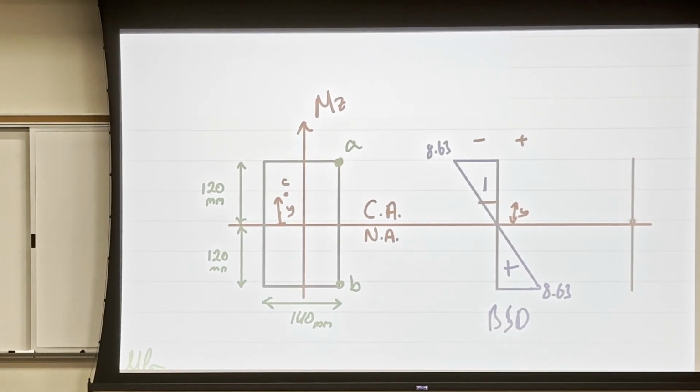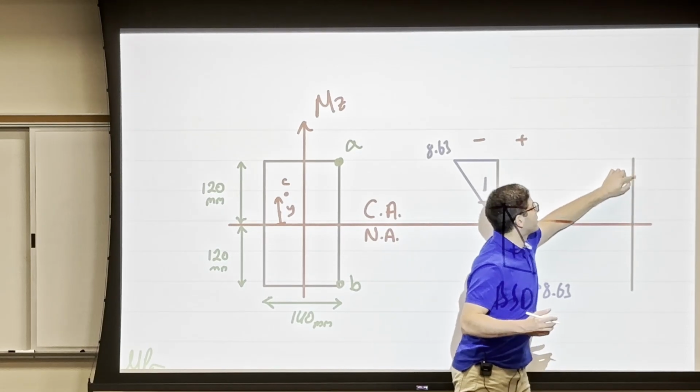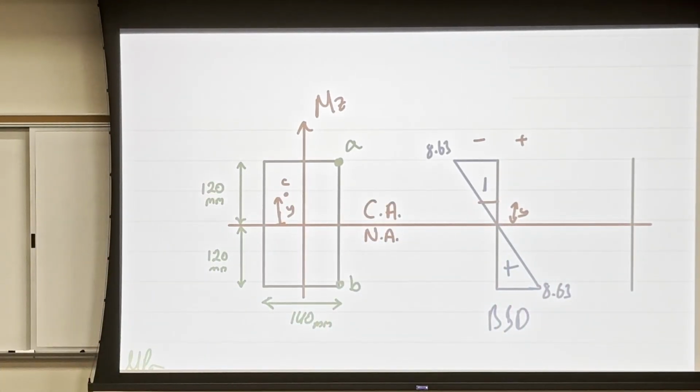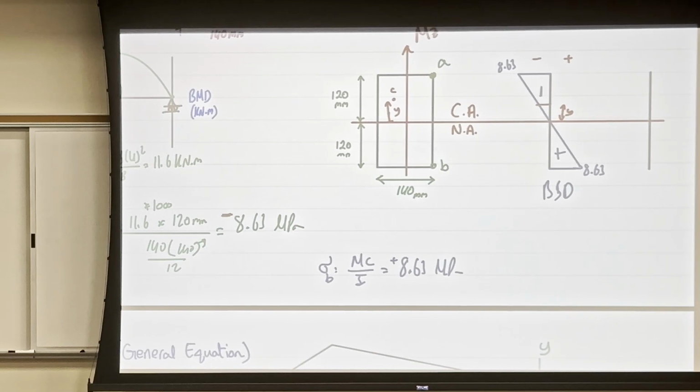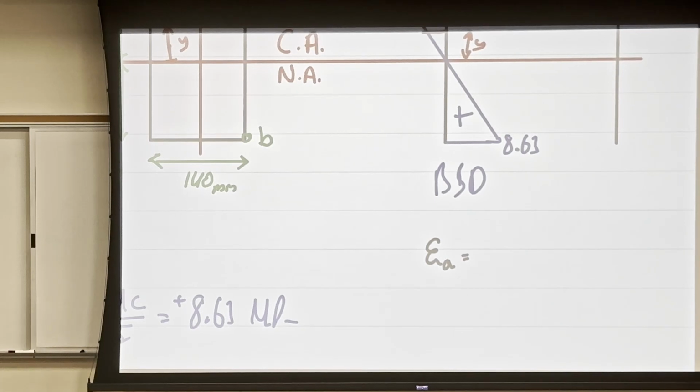Along this line, at certain distances y, I will have a normal strain that goes right or left. So basically, I will calculate the strain at two points, point A and point B. At point A, if you remember the equation for the strain, we concluded that epsilon is equal to y over rho, which is the radius of curvature.